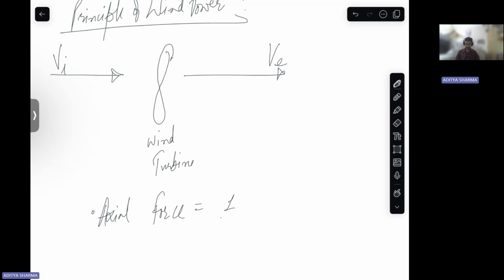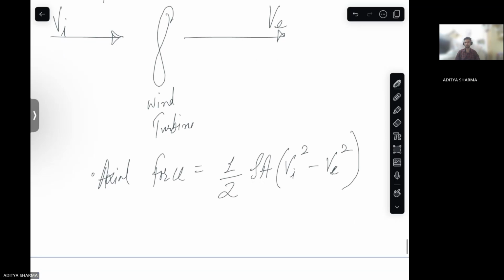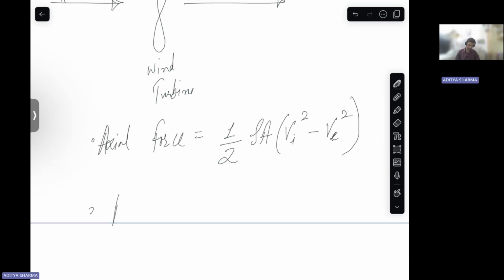So A is the cross sectional area, okay. So this is your axial force on the wind turbine. Then from here you can calculate the power.